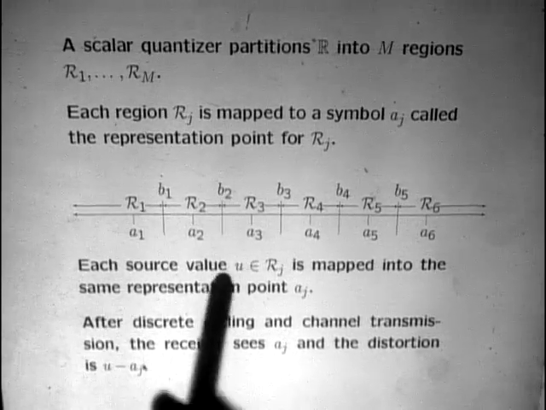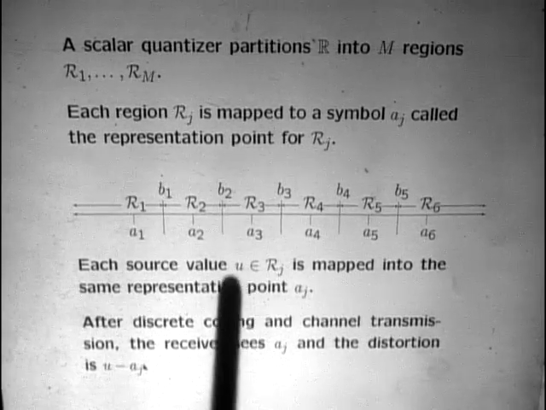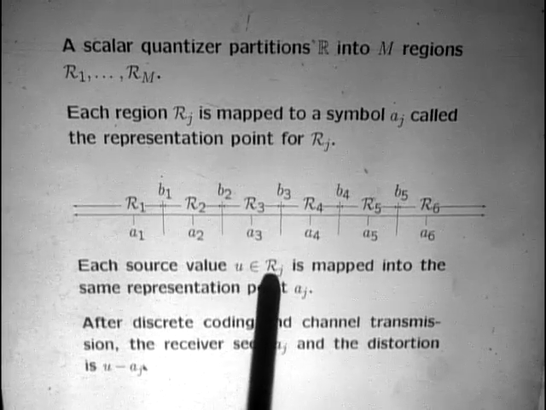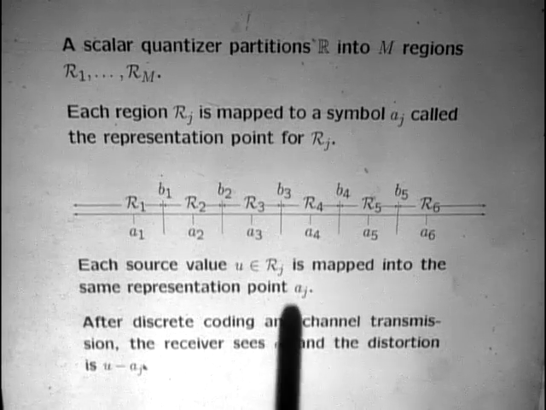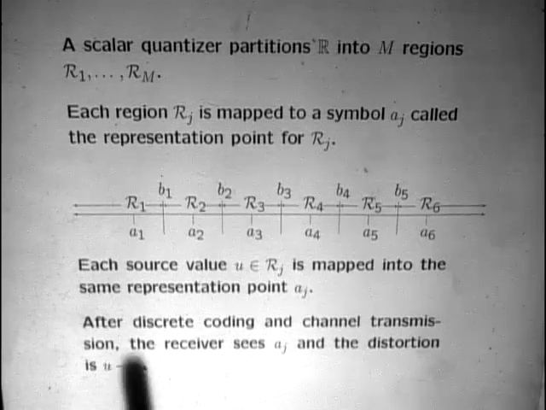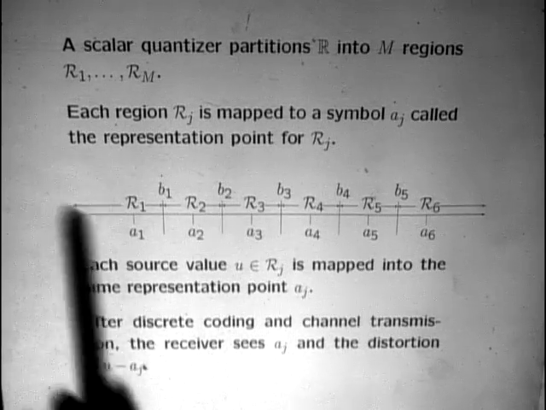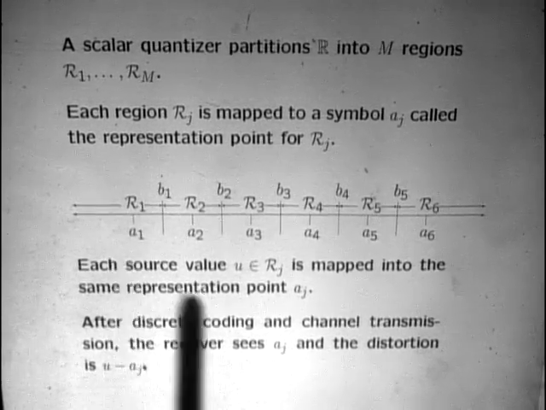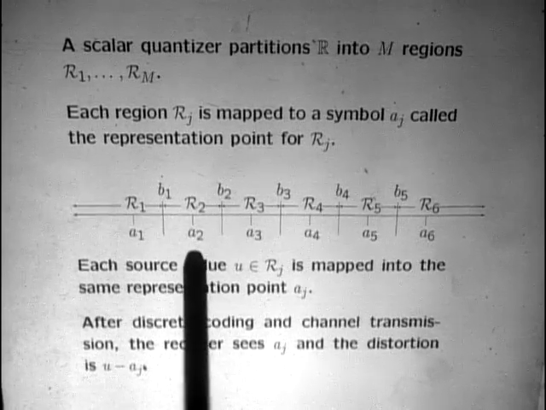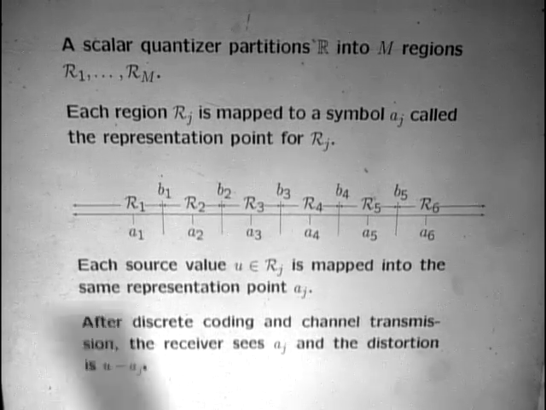But every source value now, in the region R sub j, we're going to map into a representation point A sub j. So everything in R1 is going to be mapped into A1. Everything in R2 is going to get mapped into A2, and so forth.